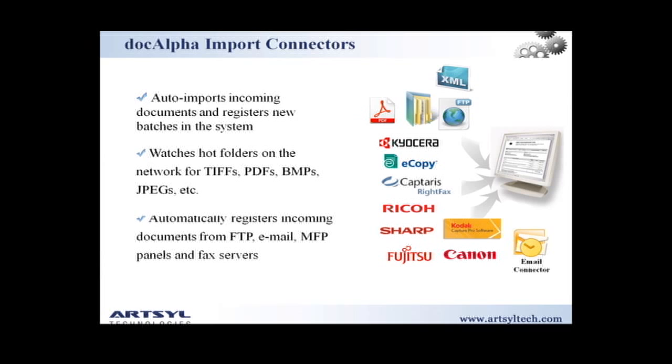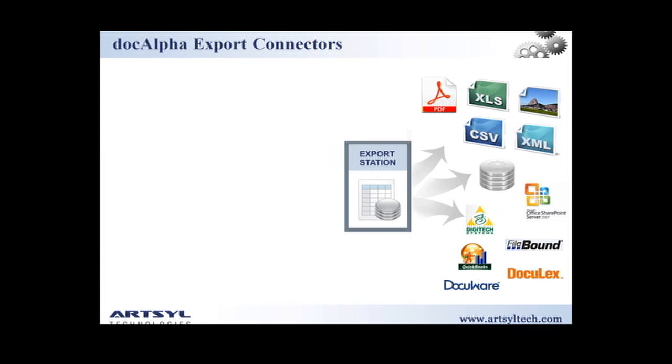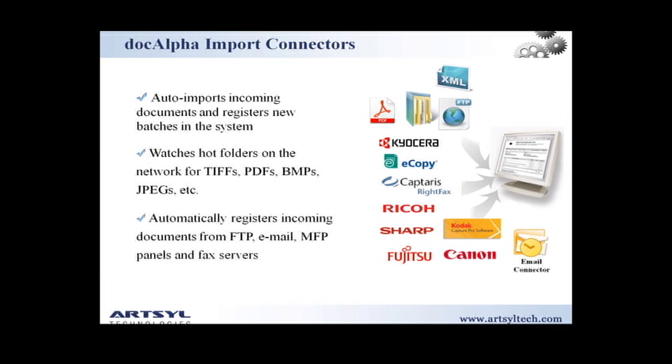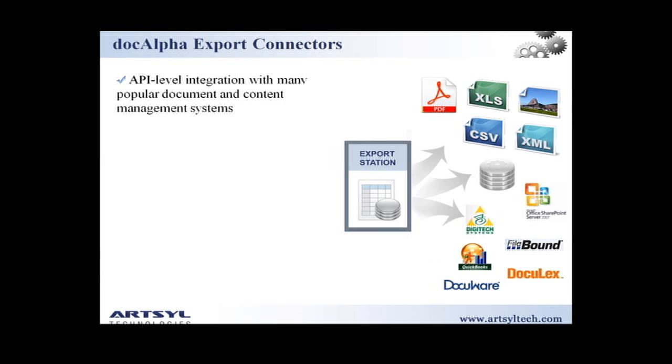They can also come from other locations such as FTP or SFTP accounts, email accounts, MFPs, scanners, fax servers. So really, as you can see, many different options for capturing images into the system to be processed.